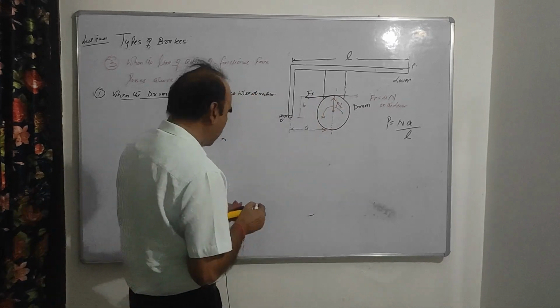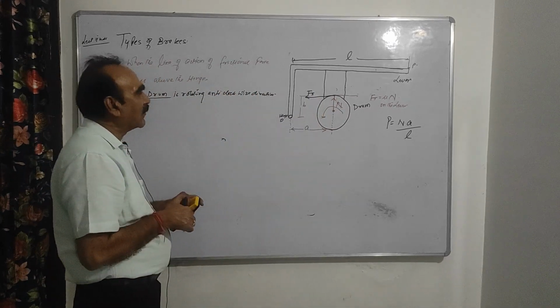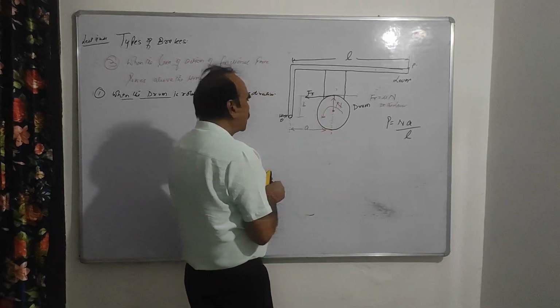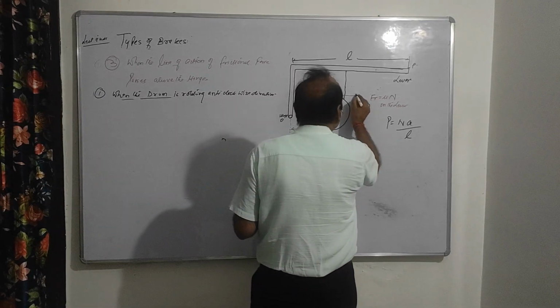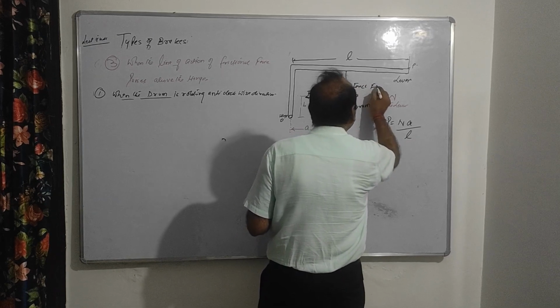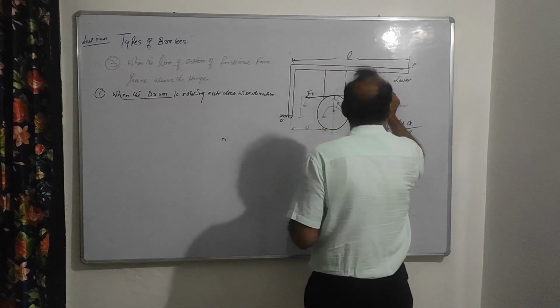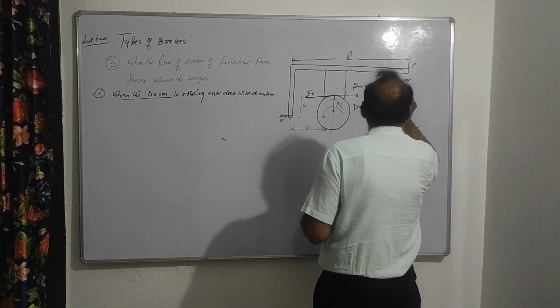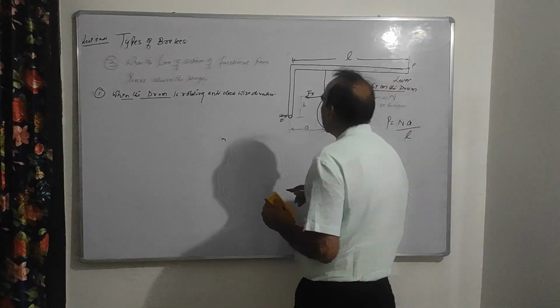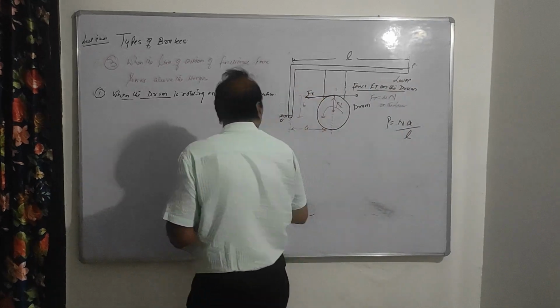So this is the direction of Ft, right? In the anti-clockwise direction, this is the direction of Ft, and this force which I have written here is the force Ft on the drum. But we don't need this force because we are taking the forces on the lever only.